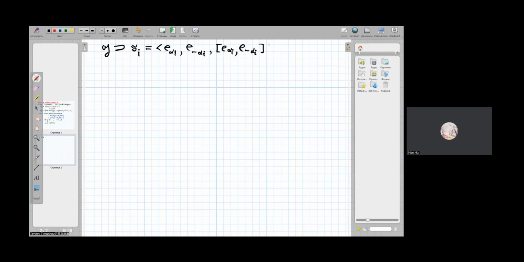These three elements in the Lie algebra of G span a three-dimensional Lie subalgebra, which is isomorphic to the Lie algebra sl2.